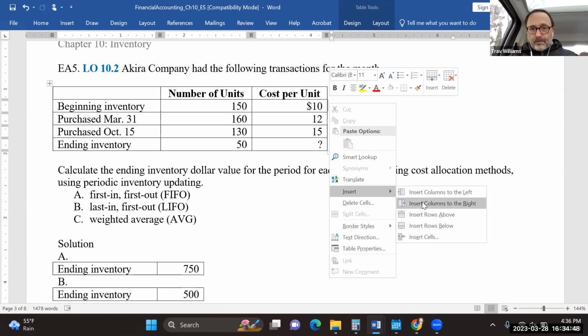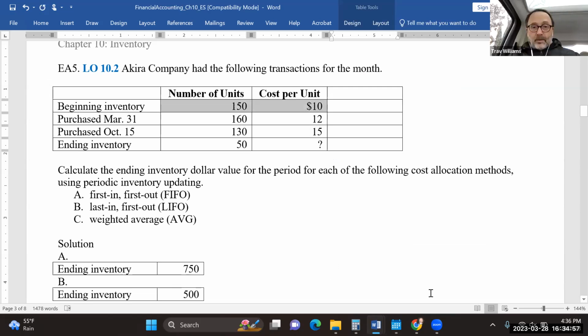So 1,920. And then we had 130 units at $15 each. That's 1,950.